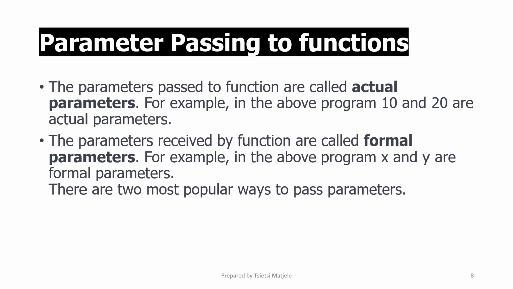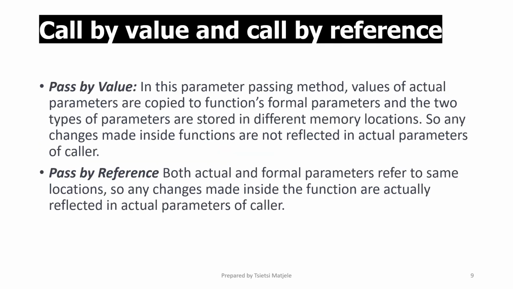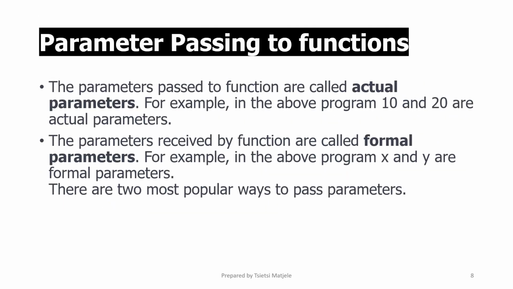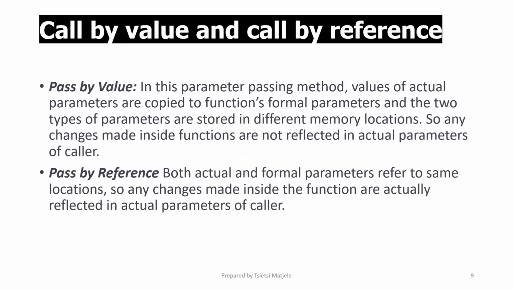So you need to understand what the actual parameters are and what the formal parameters are. Like I said, there are two most popular ways to pass the parameters: we can pass by value or pass by reference.